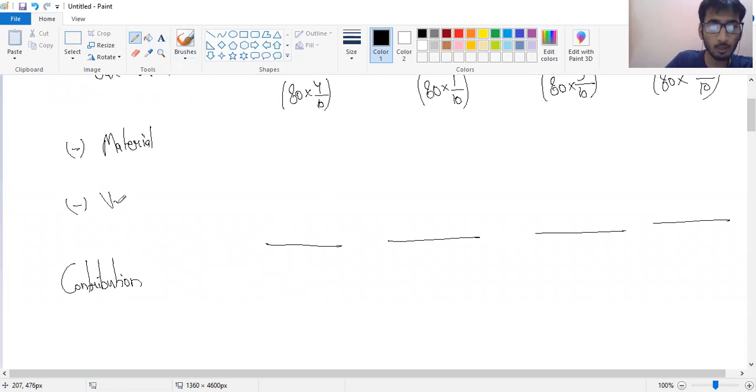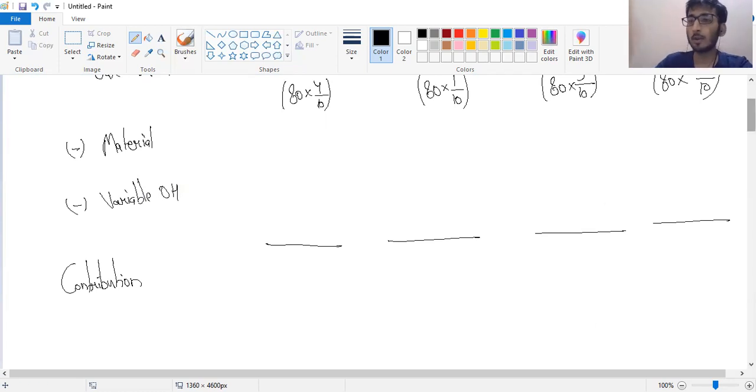See, guys, the PV ratio figure is given to us, but we are not given the variable cost. One more detail is given to us: the material cost is 50% of whatever the variable cost is. So in this question, we can simply calculate the contribution by using the PV ratio.